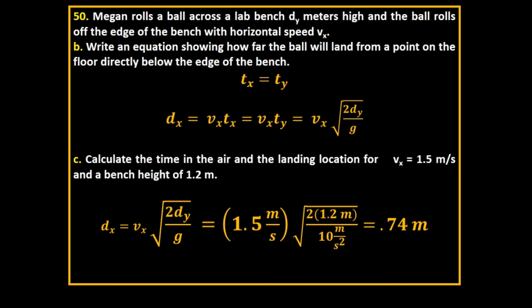So it will be dx equals Vx root 2 dy over g, which equals 0.74 meters. It's going to land 0.74 meters away from the edge of the bench.